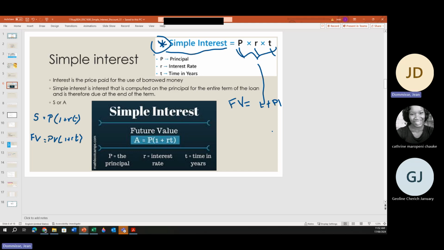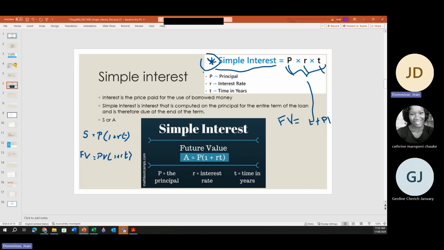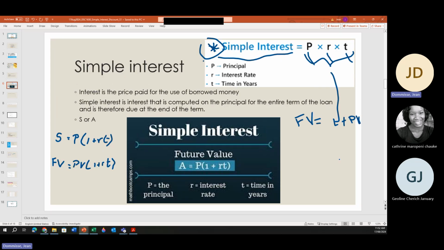So just another way that we can work it out is if you want to work out the future value, you can just say, let's work out the simple interest, and then we need to add the present value to it. Okay, so that can also be a way to work it out.